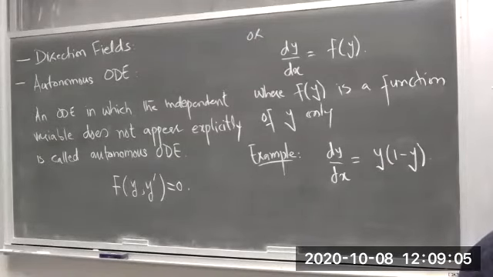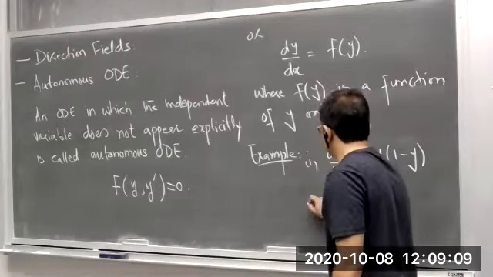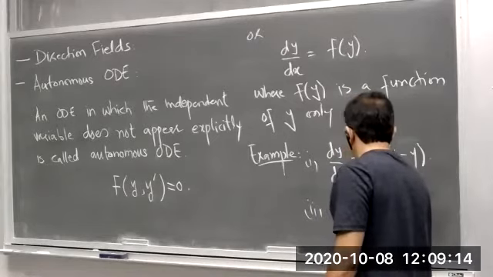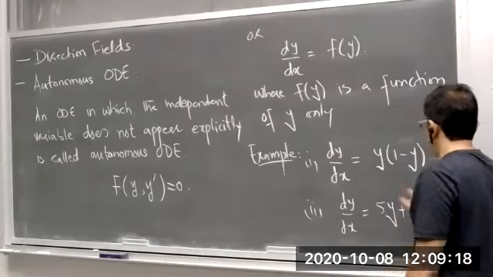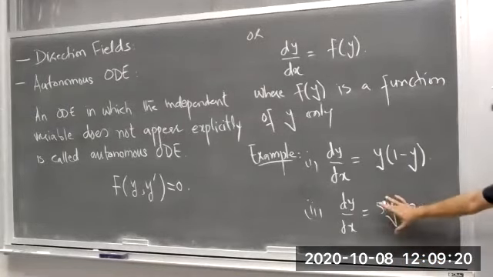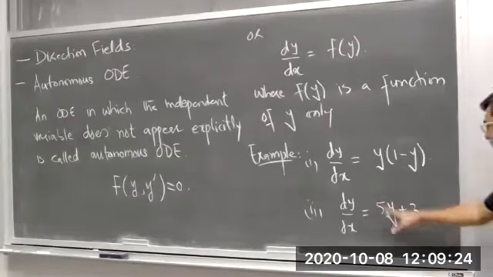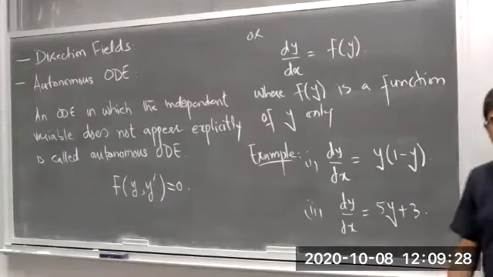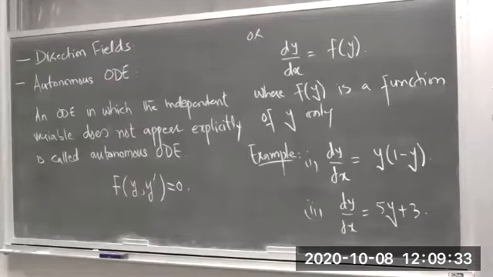So we call these kinds of differential equations autonomous. Or another example, maybe dy by dx is equal to 5y plus 3. In this kind of differential equation the independent variable doesn't appear explicitly in the right-hand side function, so we call them autonomous differential equations.